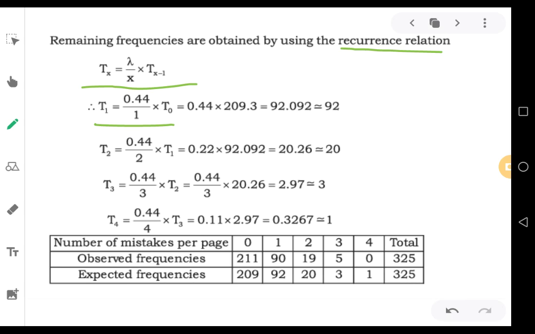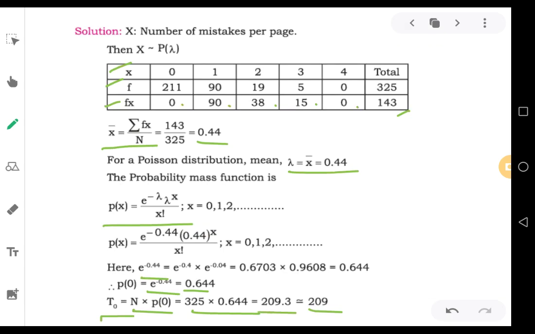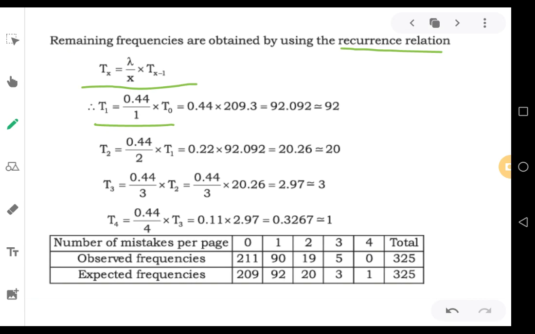T0 value we have already calculated as 209.3. So you can take that 209.3 here. So 0.44 by 1 is 0.44 into 209.3. That comes to 92.092 or 92. In the same manner, let's calculate the value of T2.